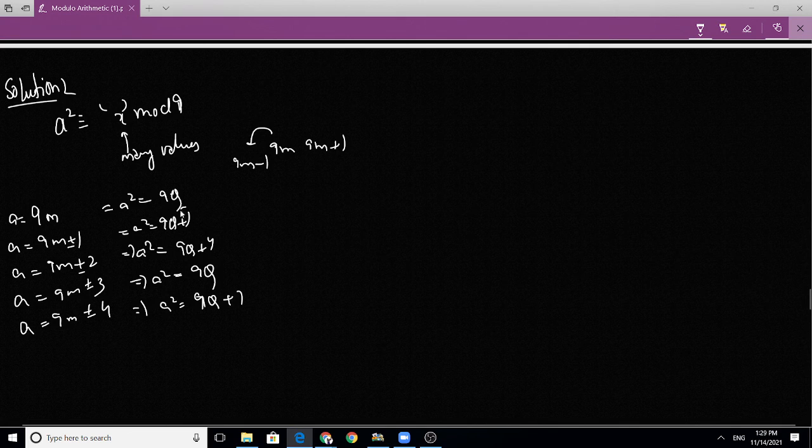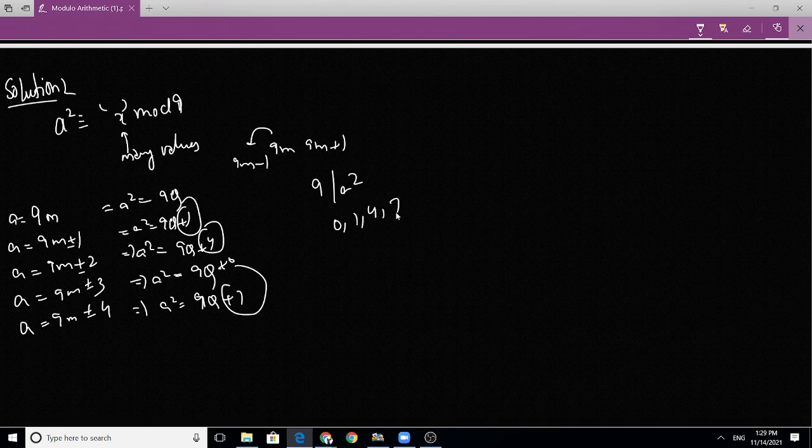So here I have the possible remainders 1, 4, 7, and obviously 0. So when 9 divides a square, the possible remainders are 0, 1, 4, and 7.